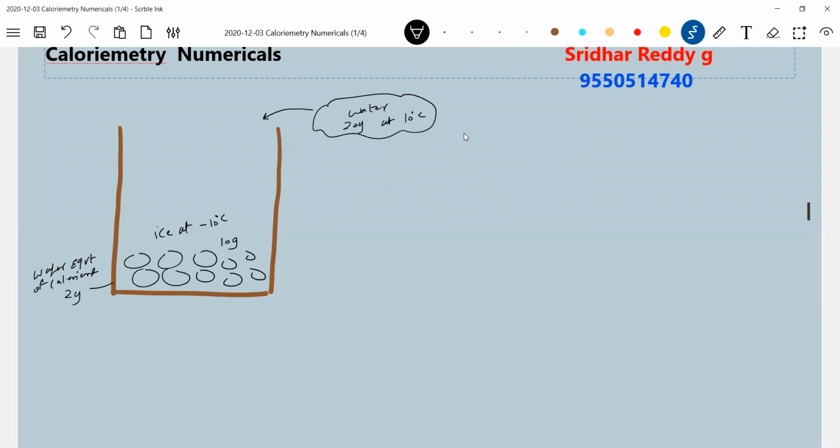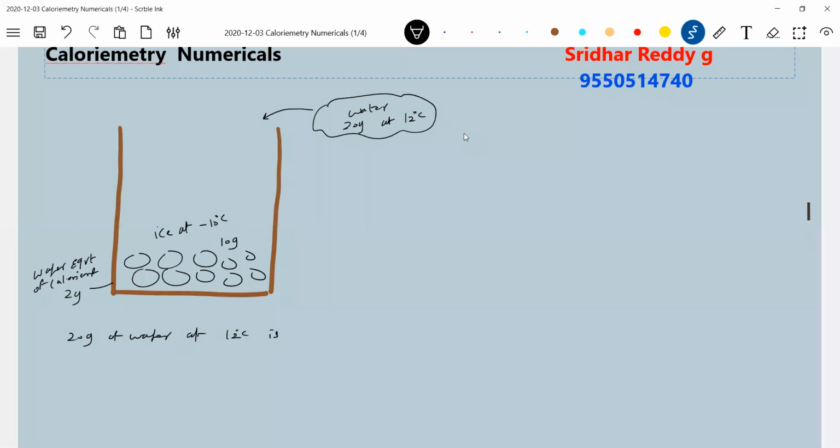Now what should happen to this? 20 grams of water at 12 degrees Celsius, I'll write 12 so we don't get confused, minus 10 plus 10.